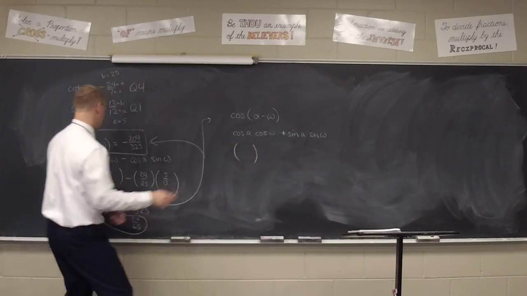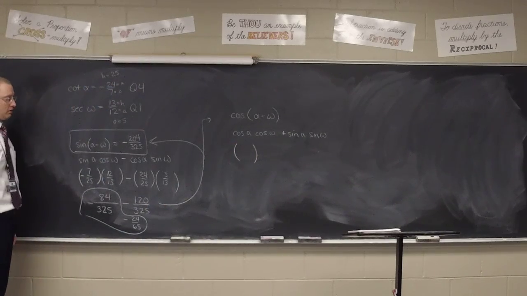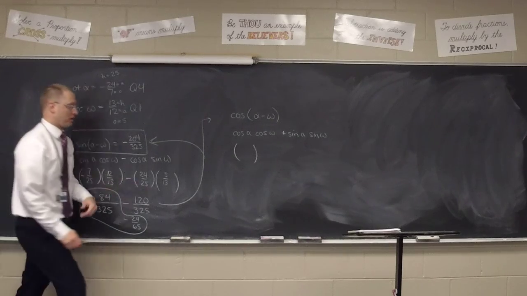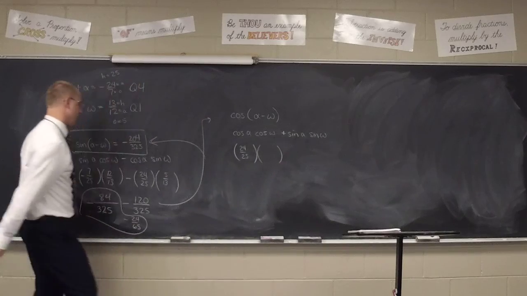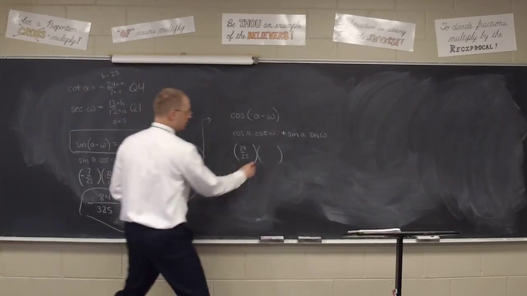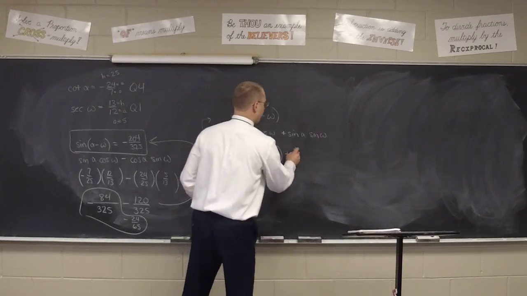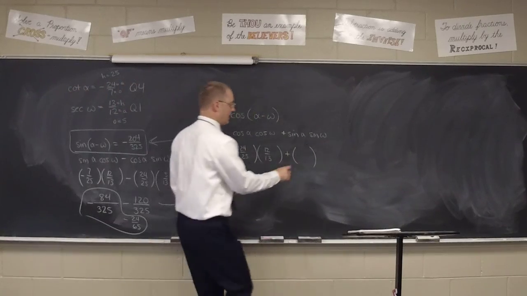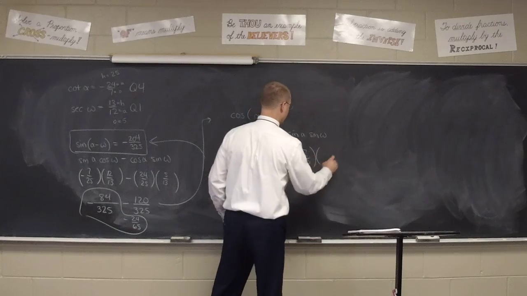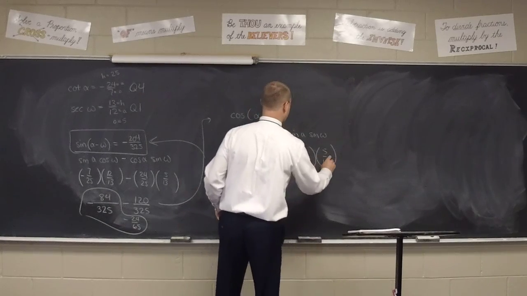The cosine of alpha is 24 25ths, the cosine of omega is 12 thirteenths, the sine of alpha is negative 7 25ths, and the sine of omega is 5 13ths.